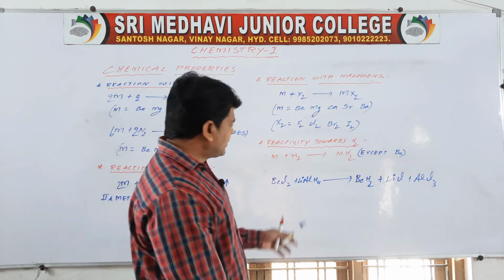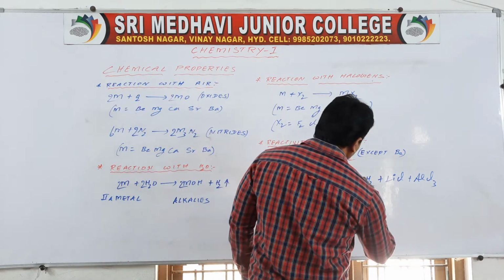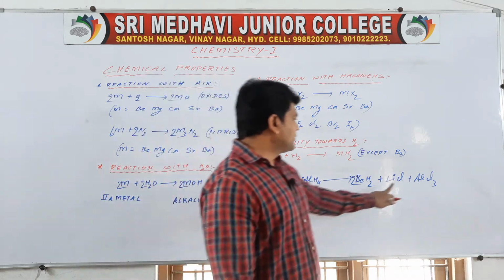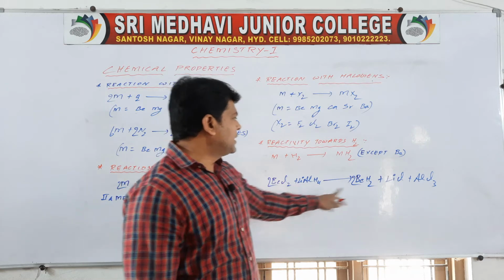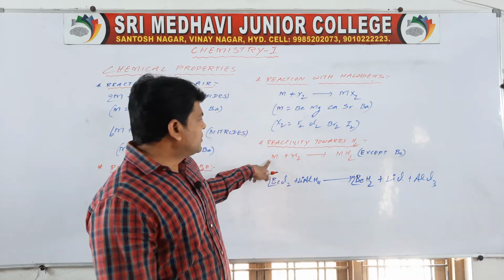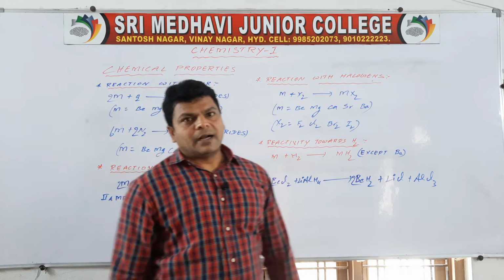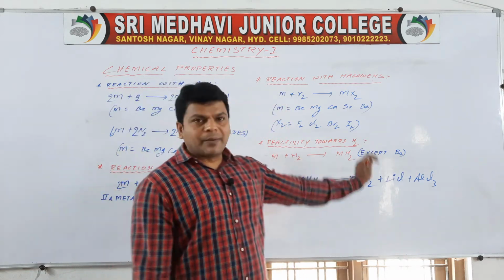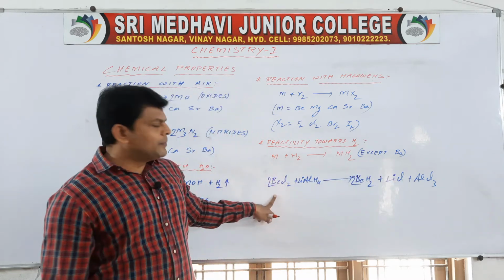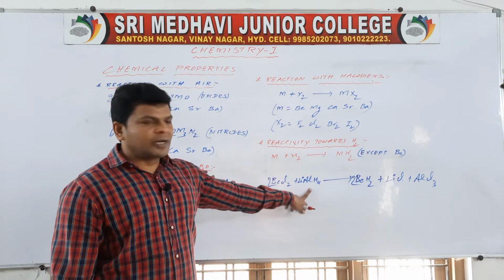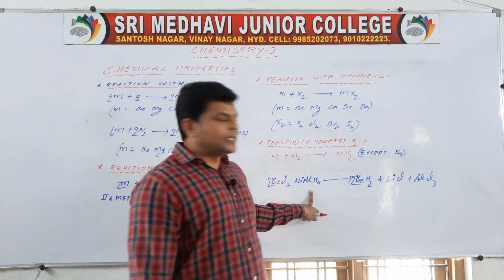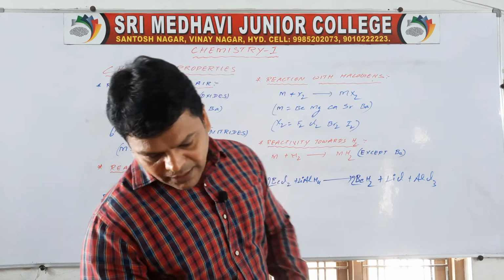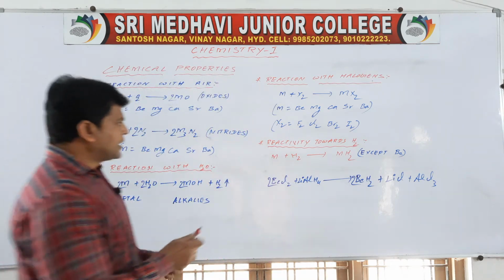If you take 2, then 2 2s are 4, 3 plus 1 is 4, LiAl, it is balanced. So hydrides of second A group elements can be prepared by direct combination of M plus H2 giving MH2, except beryllium. Beryllium hydride is prepared by BeCl2 reacting with lithium aluminum tetrahydride, which is a reducing agent, giving BeH2, LiCl, AlCl3. Next you have to know reducing nature.